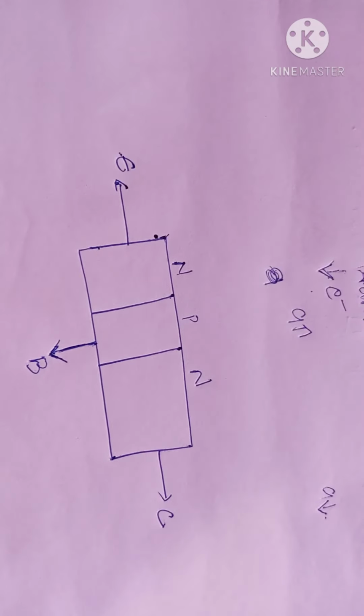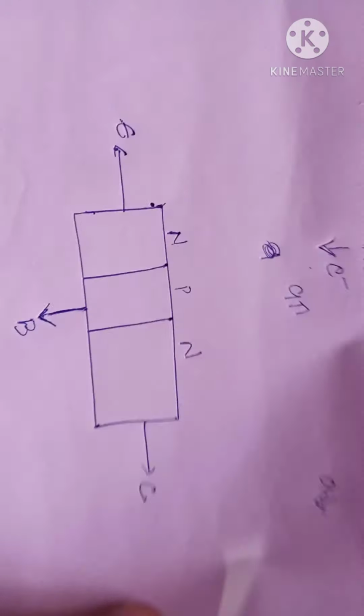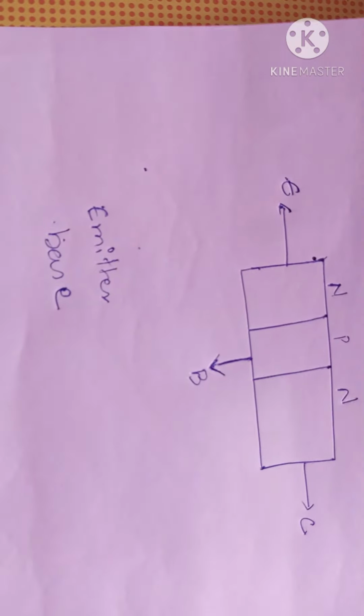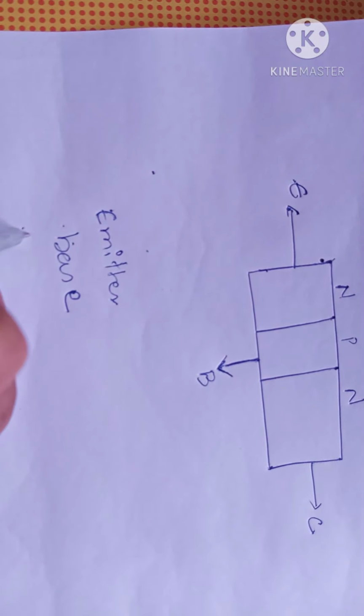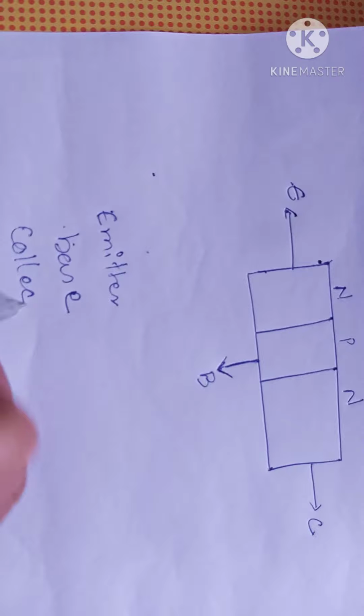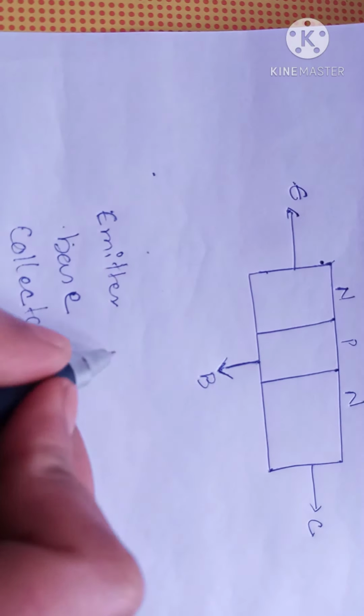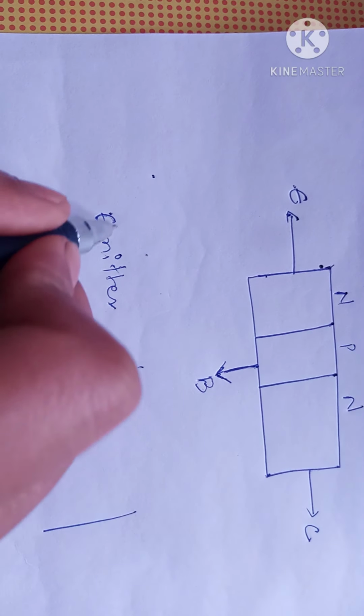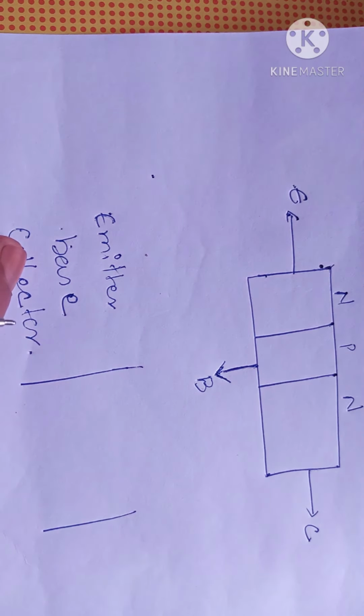So here, first is the emitter, second is the base, and third is the collector. In the construction of a transistor, two factors play an important role.